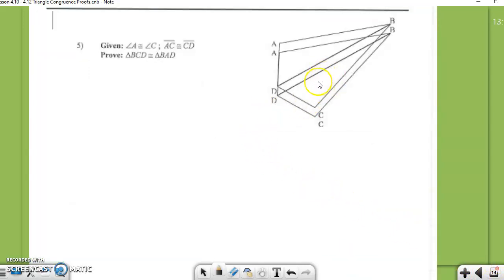Now this diagram looks like it got double copied, but even if I were to take it off of this, just make a flat picture, just like redraw it. And I labeled my vertices.